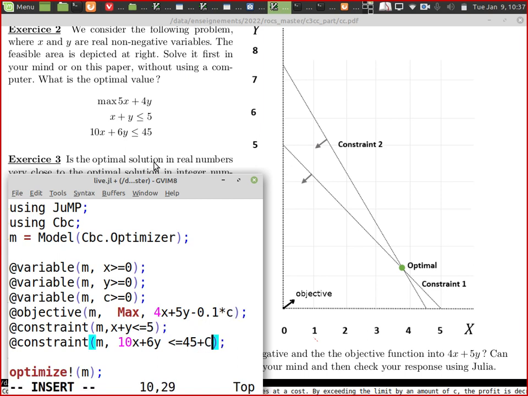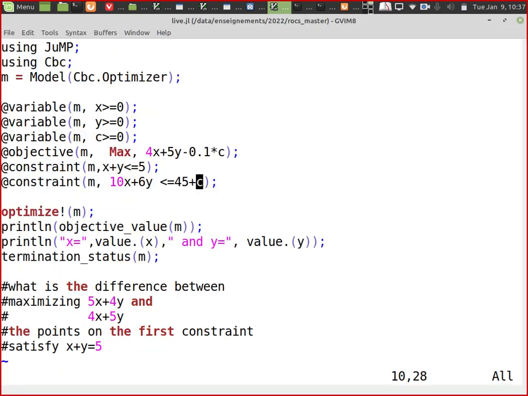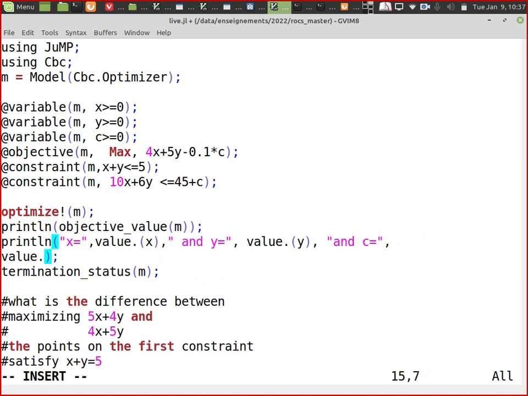And here 45 plus C. That's it. Okay, this is x, this is y, and c is, I think you know what I should write, value dot c. Okay, that's it.